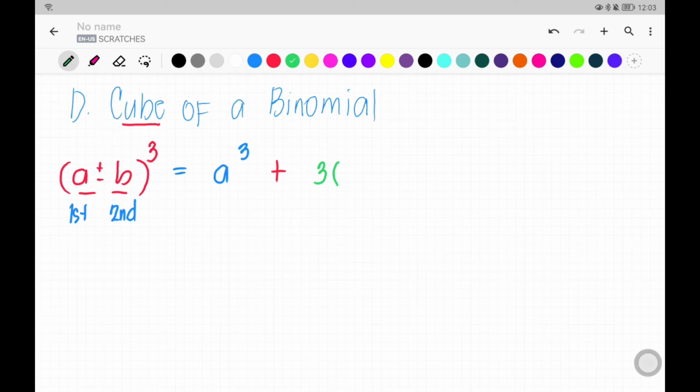So, ibig sabihin, kunin daw pala natin yung square ng first term. Tama? Tapos, i-multiply natin sa second term. So, ang second term natin ay si B. Yan. Gets? Okay, so, eto yung sa first term. Tapos, eto naman yung sa second term.